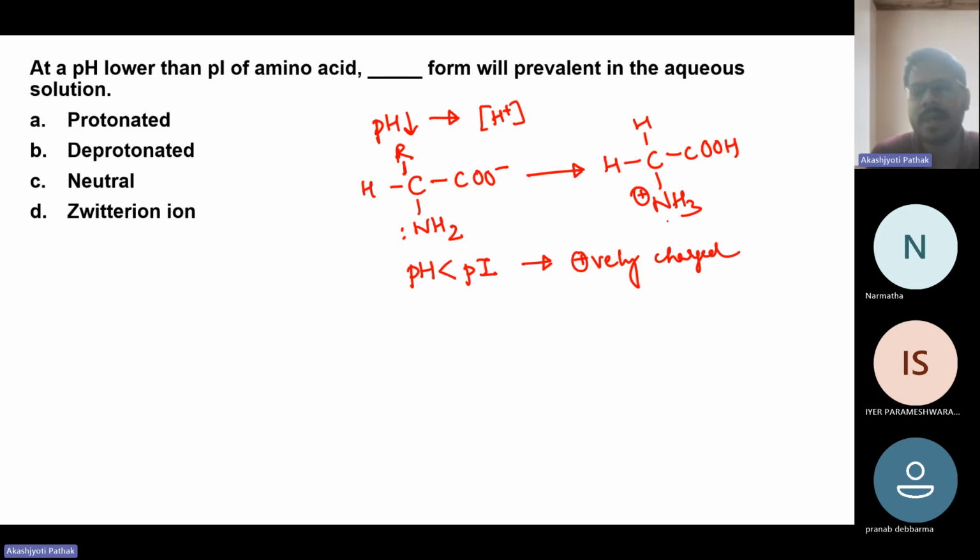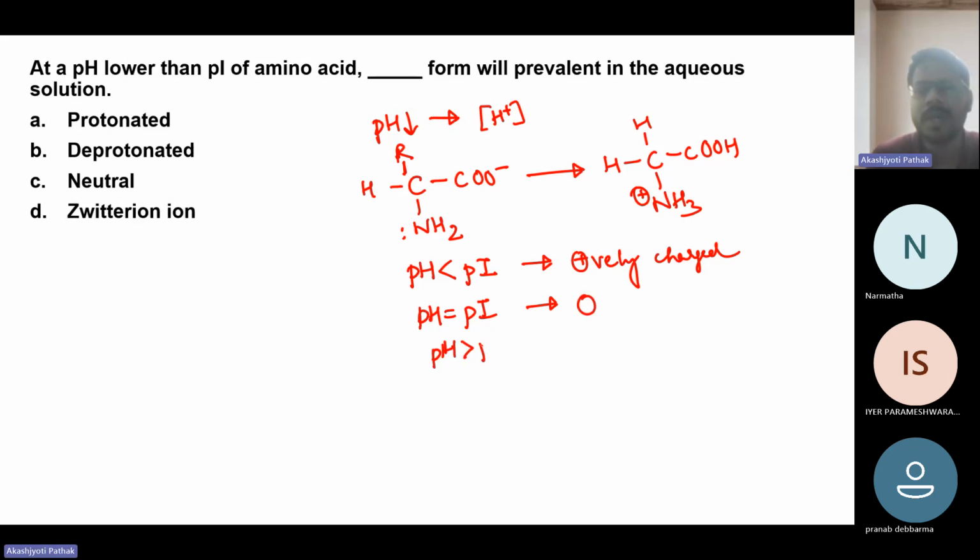Because all these ionizable groups accept protons, it becomes positively charged. Net charge is +1. And at pH equal to pI, what is the charge on the molecule? It is 0. And at pH greater than pI, the charge on an amino acid is negative.